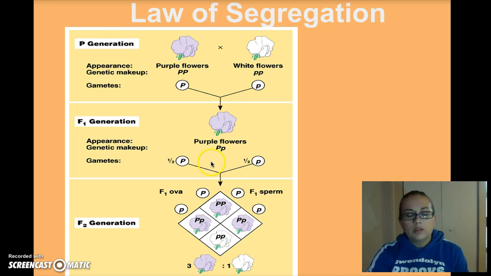Now, when these alleles are made, half of the alleles will contain the dominant, the other half will contain the recessive, and so now when you cross two members of the F1 generation, what you end up seeing is 3 purples to 1 white, where when you look at the genotype, you have 1 homozygous dominant, 2 heterozygous, and then 1 homozygous recessive.